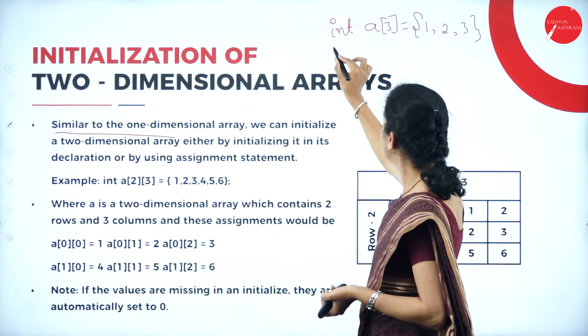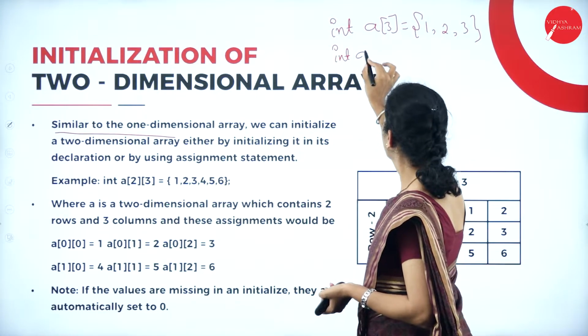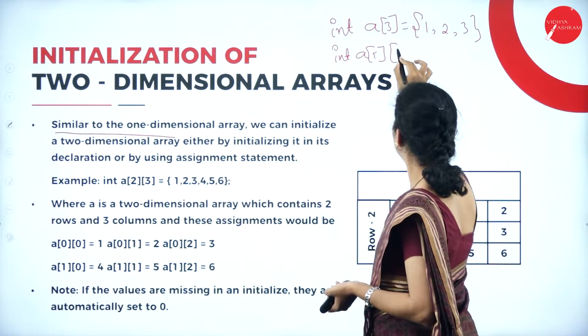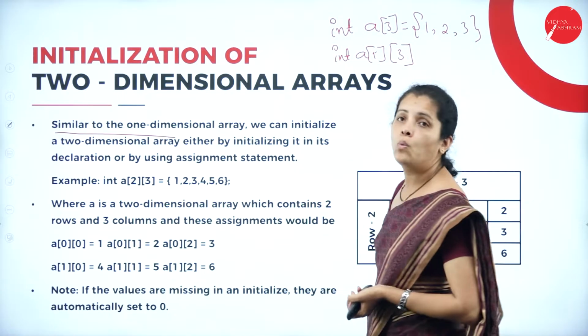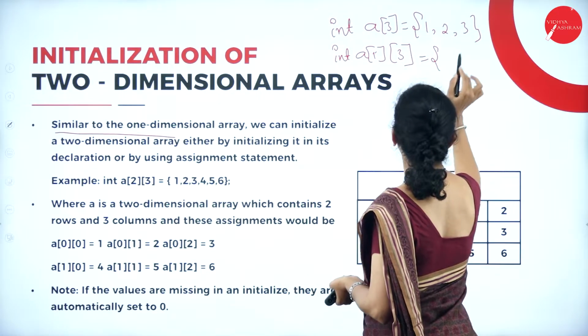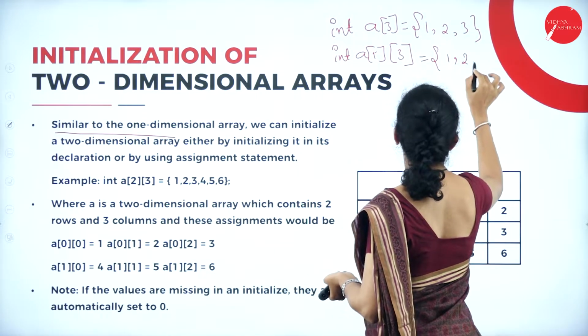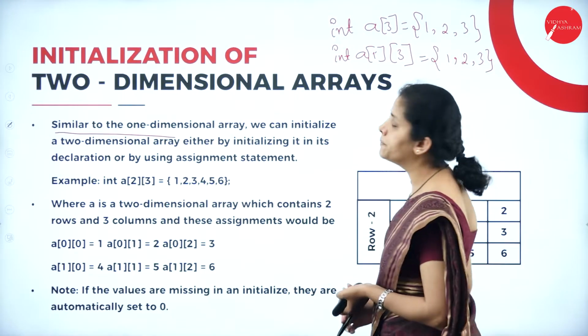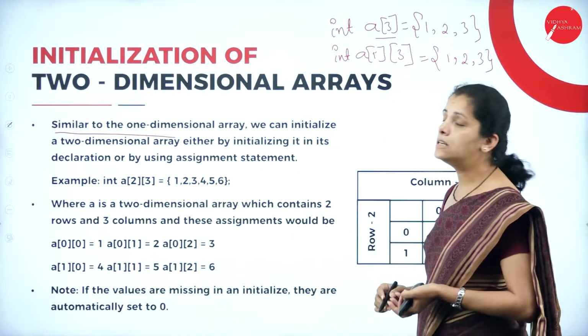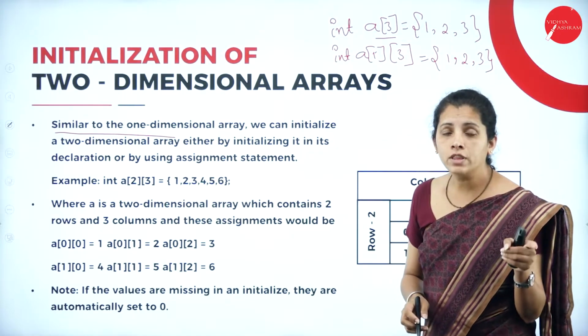So how can I? int a of, it is a 1 cross 3 matrix, equal to, okay, both are the same.